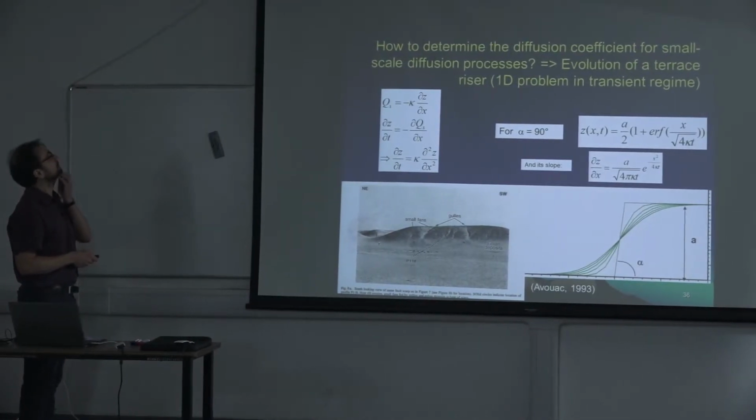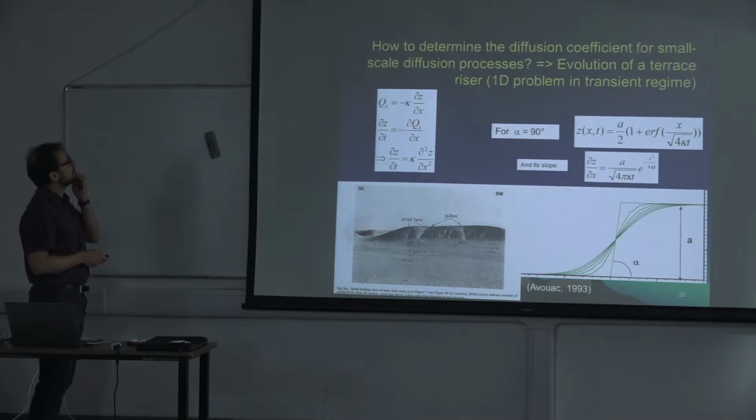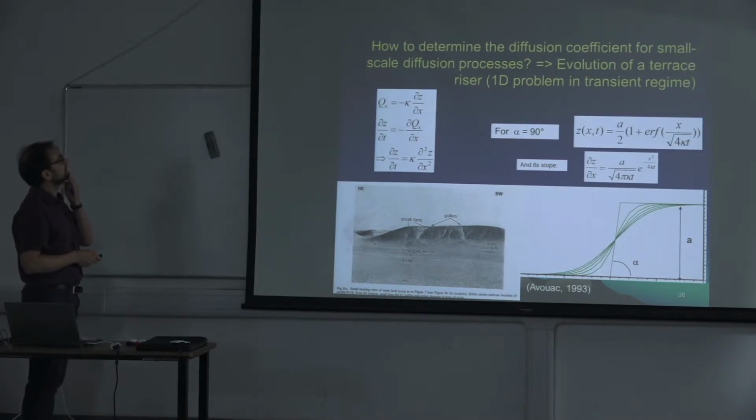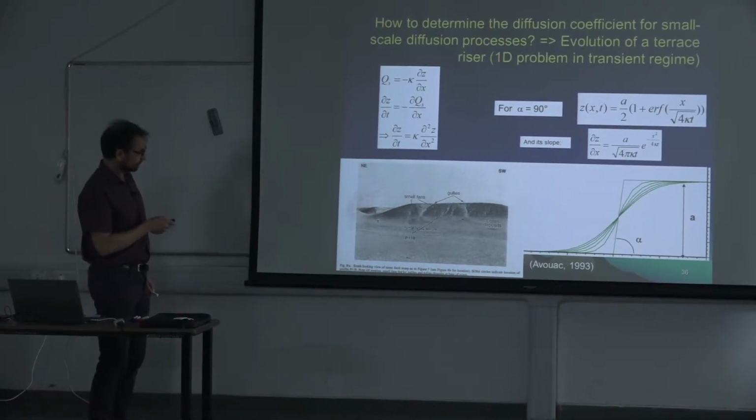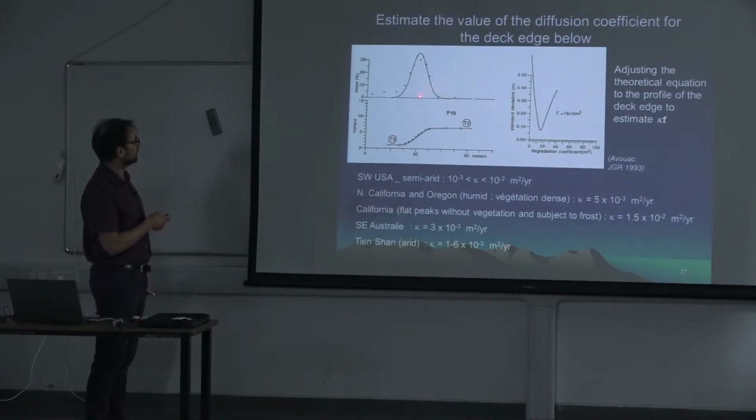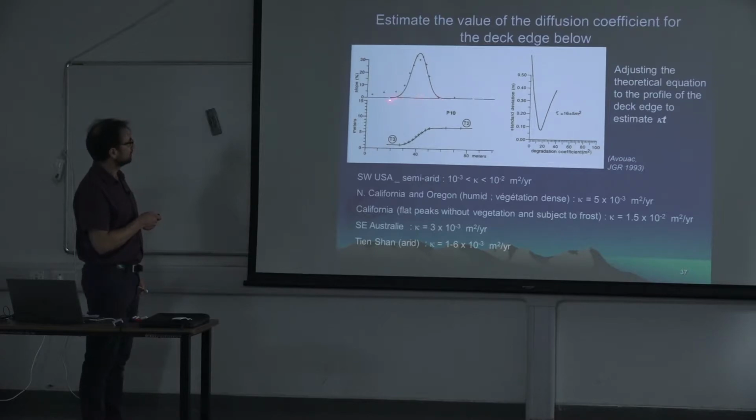In that case there is also an analytic expression that incorporates the initial angle. I'm trying to remember. In theory, you could try to fit your topographic profile by playing both with the Kt parameter and with the initial angle.